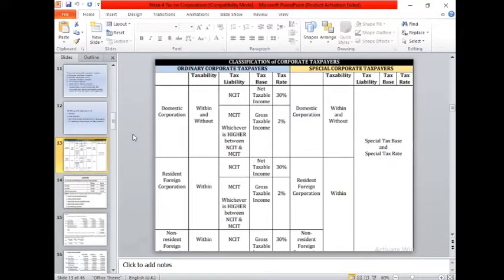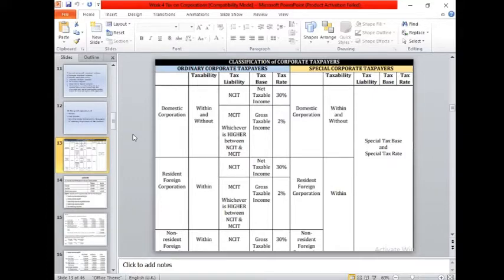Okay, so the normal corporate income tax is 30% of the net taxable income, while the minimum corporate income tax is 2% of the gross taxable income. If the ordinary corporate taxpayer is a resident foreign corporation, only income within the Philippines is subject to Philippine corporate tax.